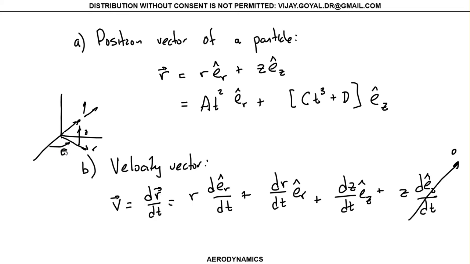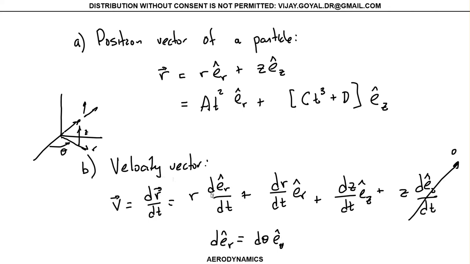If you remember from our derivation in class, d(er) was actually equal to dθ eθ. We derived this in class, so we're going to use this very handy result and do some replacements.